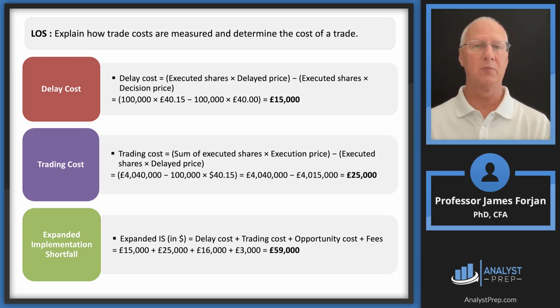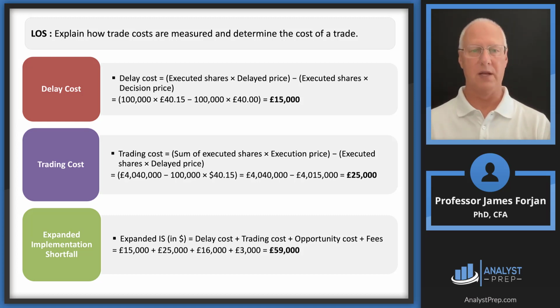Let's go ahead and compute the expanded implementation shortfall. So we had equations for delay cost and trading cost on a previous slide. You can go back and refer to those if you want to, but here we go. We've got some really simple ones for delay costs. We take that 100,000 times the delayed price. Remember, we started at 40, then it went to 40.15, and we subtract out that original 40. So there's 15,000 pounds as a delay cost.